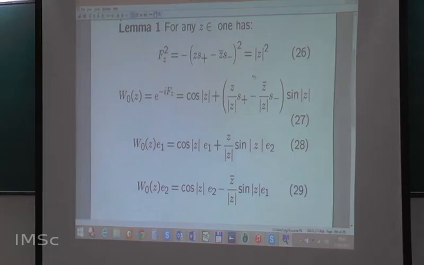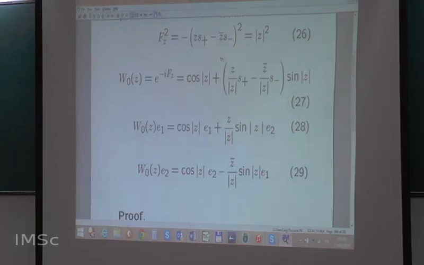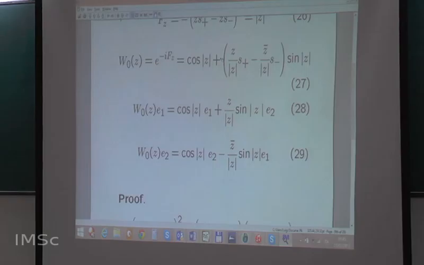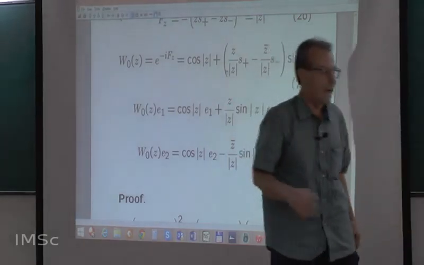This is a corollary of the anticommutation relation, but you simply do the calculation explicitly here, using the fact that S plus squared is 0, S minus squared is 0, and then you have the anticommutation relation, and then this is an interesting formula that we will very much use. I will give you an outline of the proof in a short time.